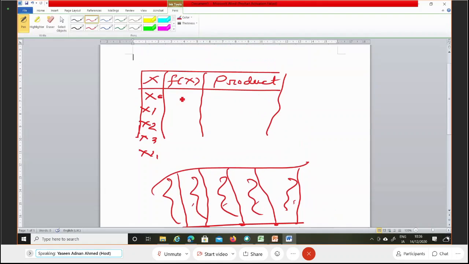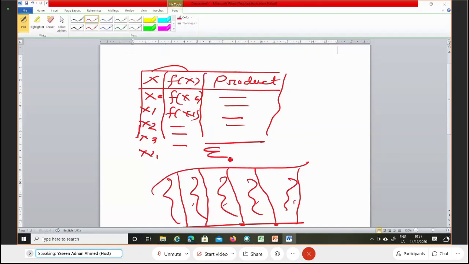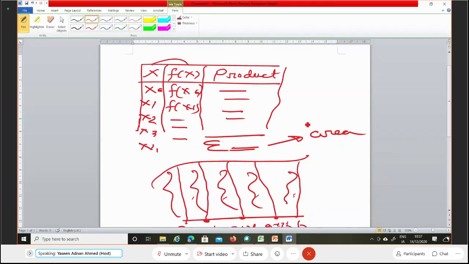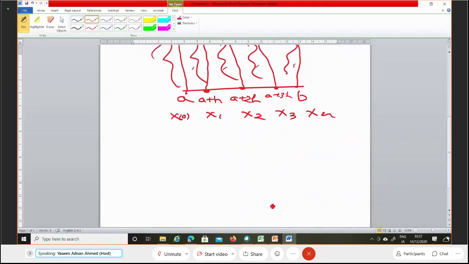So write down the value for this, that is f of X0, and f of X1, like this. I hope you understand. This is the rectangular rule, so we just multiply these and consider the summation. This will be your resulting area. That is a very simple way using the rectangular rule.